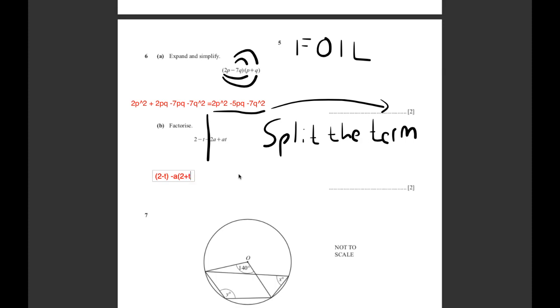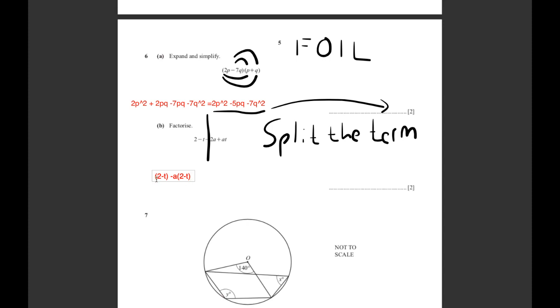And I've just realised that that's not very helpful, is it? Because, no, I'm doing this correct. So that should be minus t, yeah, because minus a times minus t is plus at. I knew I was on the right line here. Okay, so, well, now they've both got a 2 minus t in common.